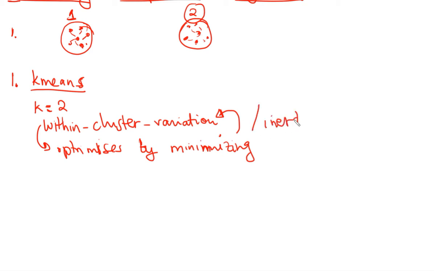It does that such that the sum of the within cluster variation across all clusters is as small as possible. So it calculates the within cluster variation, adds them up, and gets the sum. And then it tries to shift things around. When it shifts things around and it has lowered the sum, it keeps that state. So it tries to optimize, to move things around to lower the sum of within cluster variations. That's what it does.